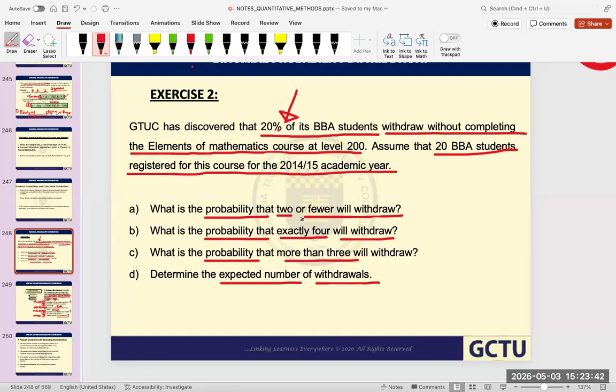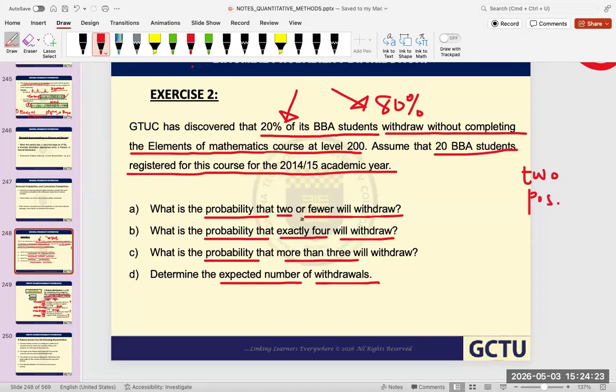So if 20% withdraw without completing the course, it means that 80% do not withdraw and they complete the course. So that is the extension we can deduce from this one. That when 20% of the students withdraw, you'll be left with 80%. So this is where your mind should really work on what we have done today. Is this thing operating by 2 possibilities?